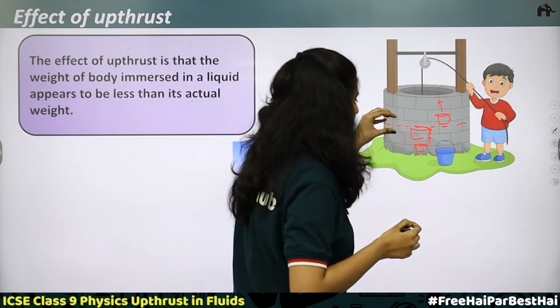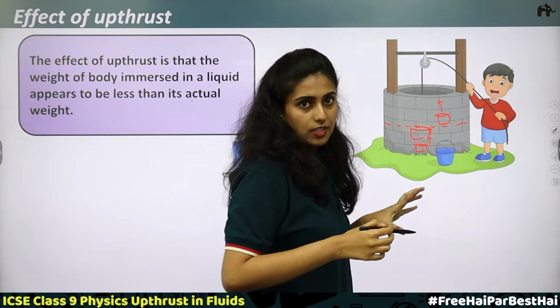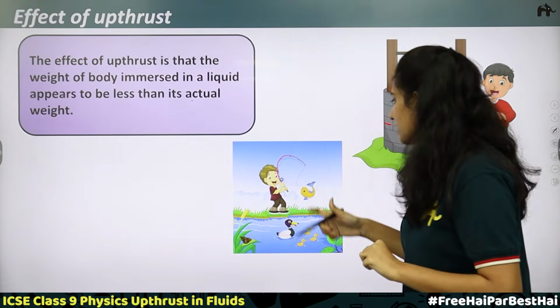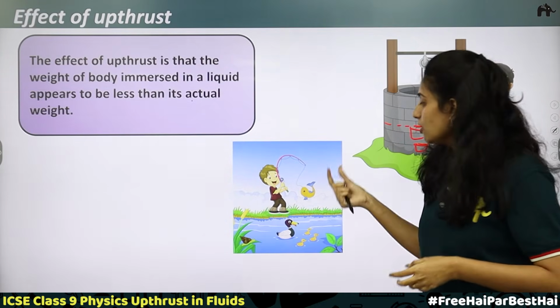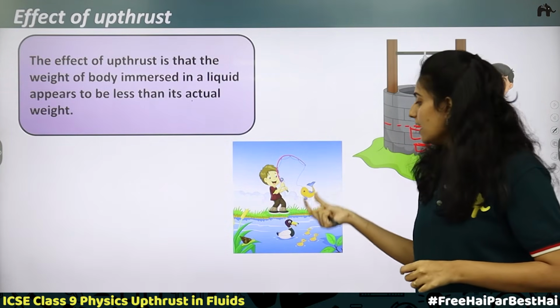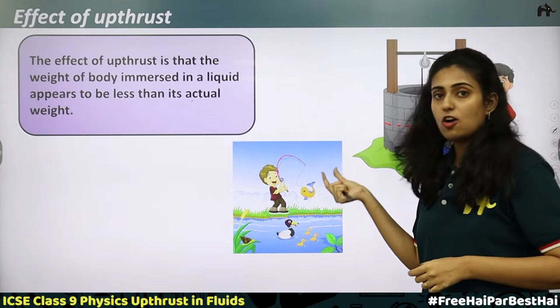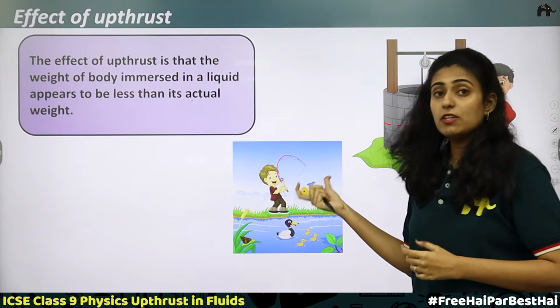The weight inside water will be less than the weight outside water that we feel. Next, take this case. Here you can see a person is fishing. The weight of the fish that he feels inside water will be less compared to the weight of the fish on the earth. In air it will have more weight.